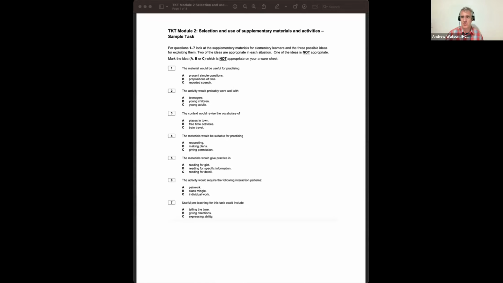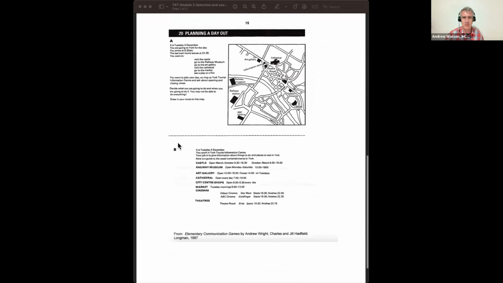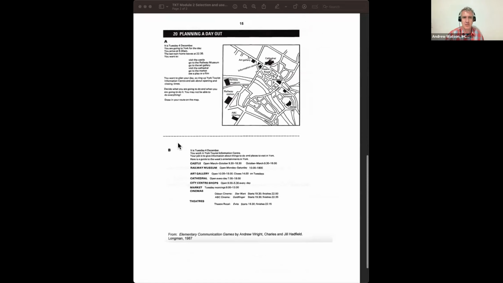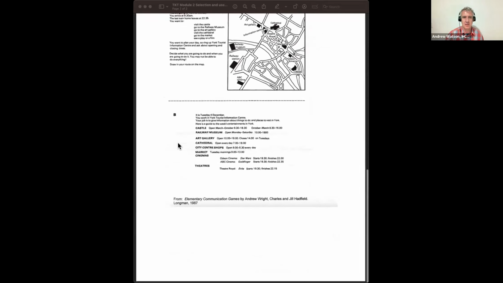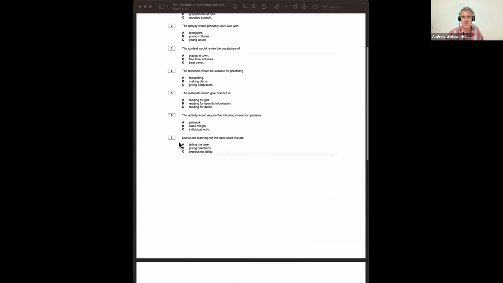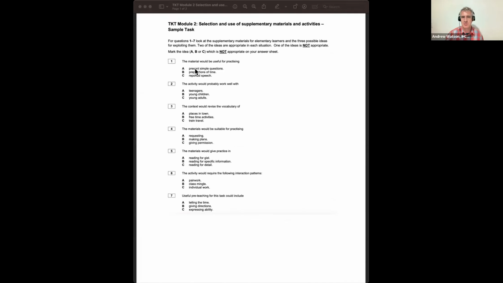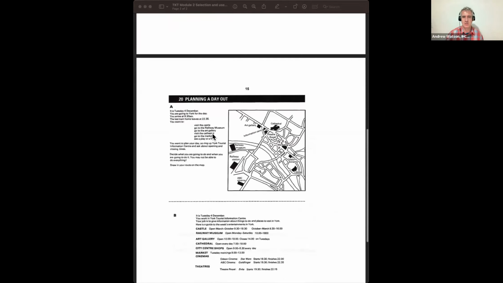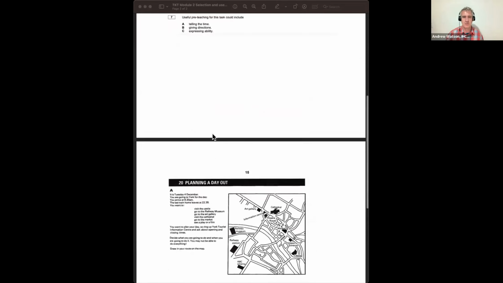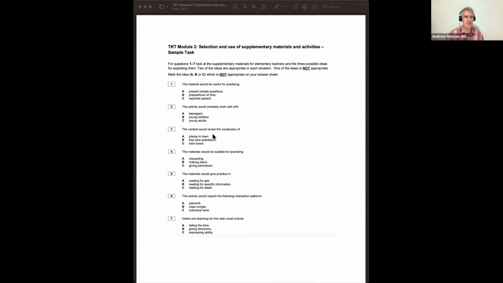Like, what time is the train? Or what time does the castle open? Present simple and time questions. So the one that does not fit is reported speech. It wouldn't work well with young children. It's too complicated. So that's the answer there.